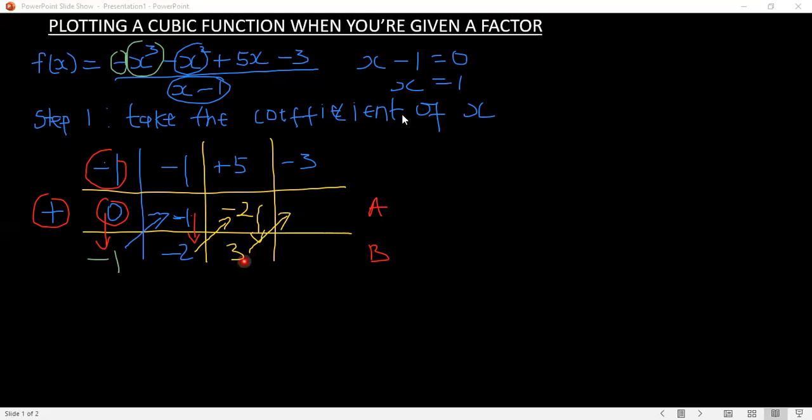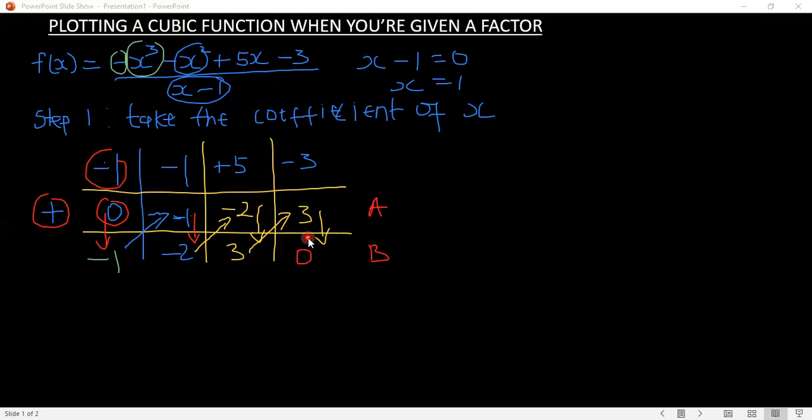So it will be 3 times 1, which is equal to +3. Therefore, from here to there, we're going down now. We add. It will be -3 plus positive 3, then the answer is what?